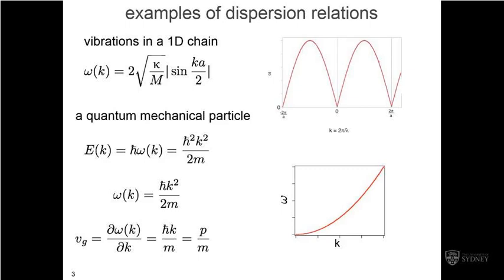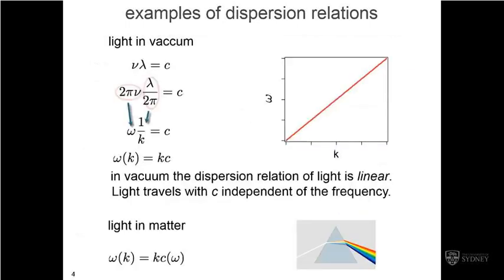Another example could be light in vacuum. Here you've got frequency times wavelength equals the speed of light, and you can rearrange that into the form ω = ck, where ω is a function of k. If you plot it as a function of k, you just get the gradient being c. So this is a dispersion curve for light in vacuum.